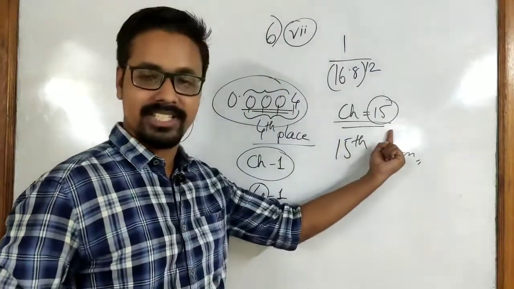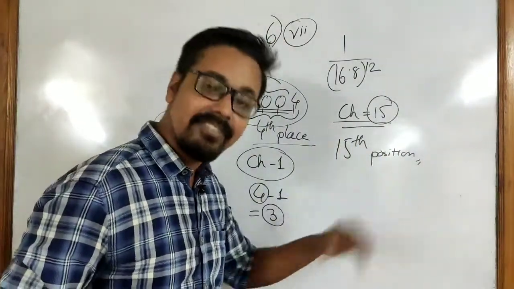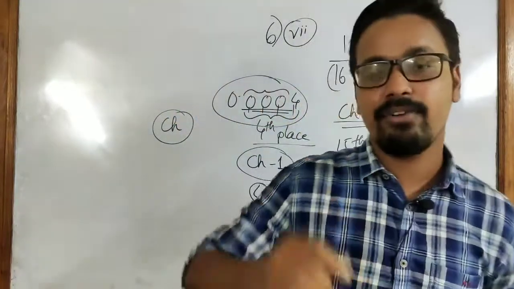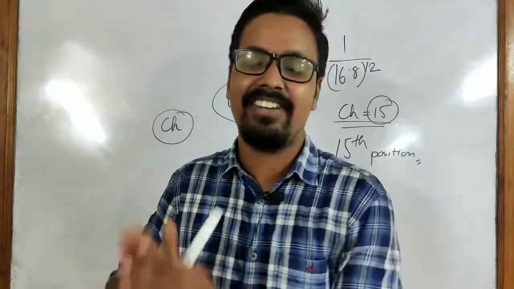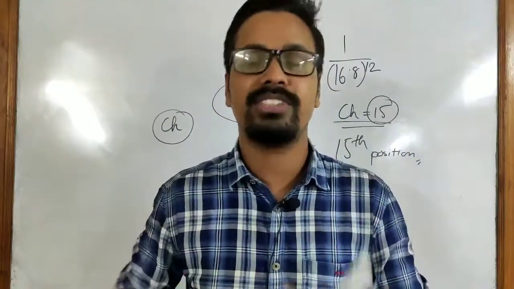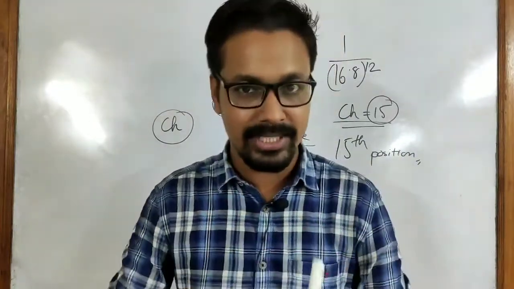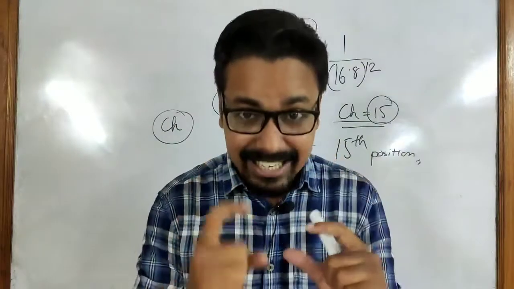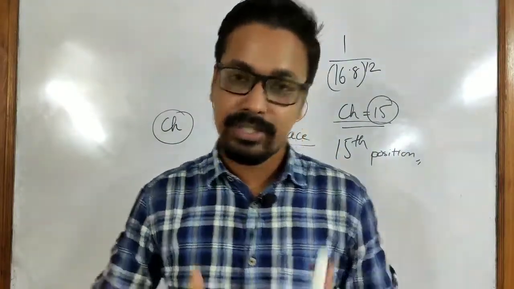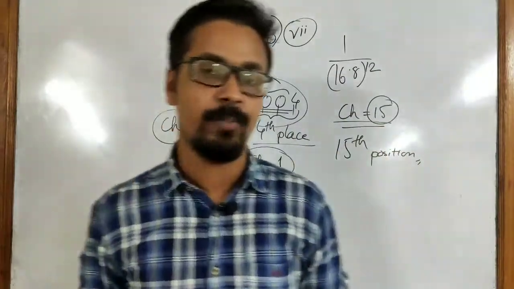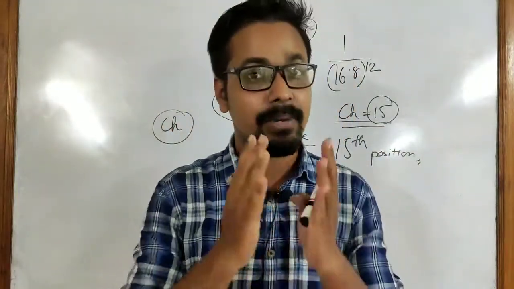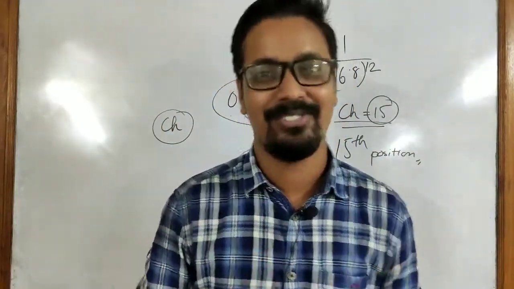You will find the characteristic as 15, and the 15 itself is the answer. So if you want to find the position of the first significant digit, you don't have to subtract 1 or add 1 to the characteristic. The characteristic itself will be the answer. So that's about question number 9, which I am not going to solve because I have solved it in the previous video. Now we are moving to question number 10, which I am going to solve.